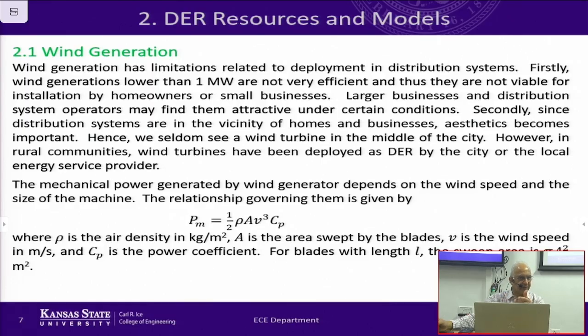It can be either grid following or grid forming depending on the application. Typically, in a distribution system, if you are grid connected, you will use grid following. But you can do grid following or grid forming with wind. It can be any kind of generator, so long as you have a power electronic interface. That's the way wind generators are operated.